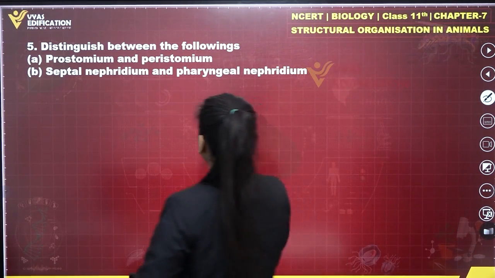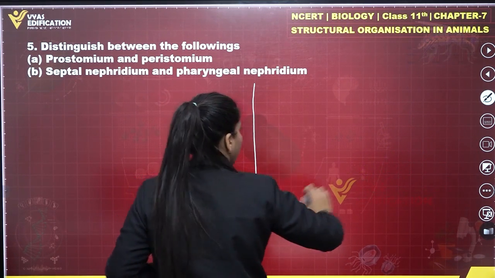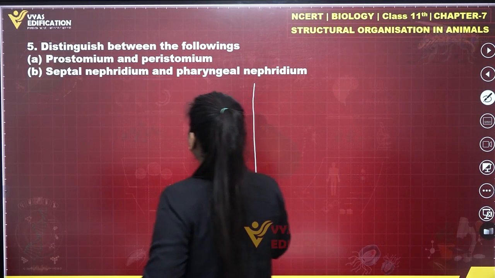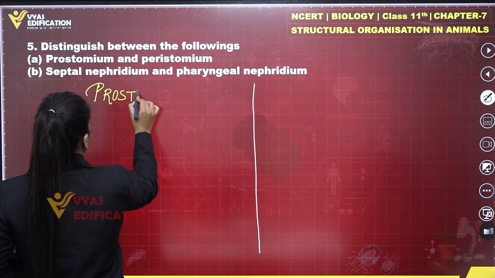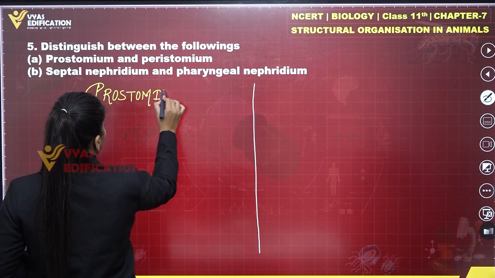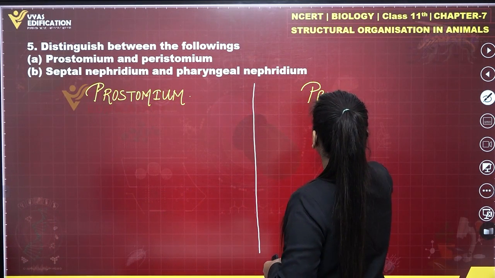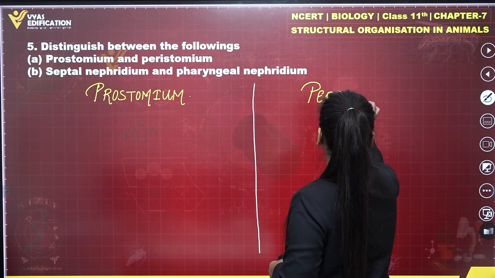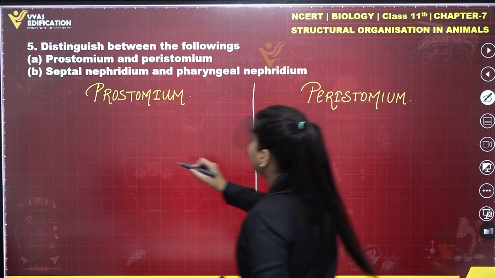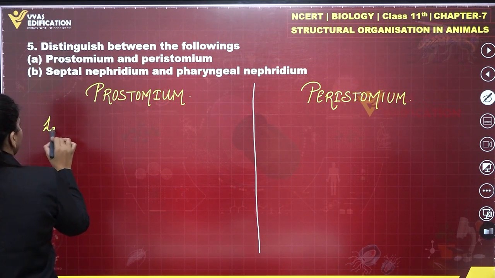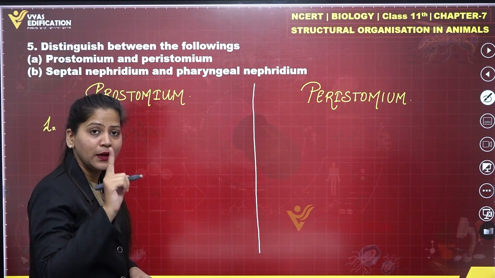So we have to make columns for prostomium and peristomium. In the left column, we will be writing about prostomium, and in the right column, we are going to write about peristomium. Now, prostomium is a fleshy lobe which overhangs the mouth of an earthworm.